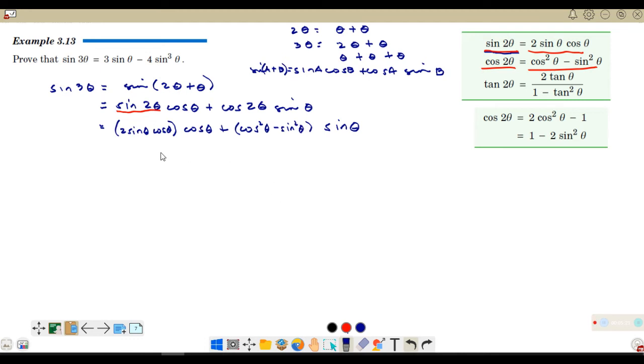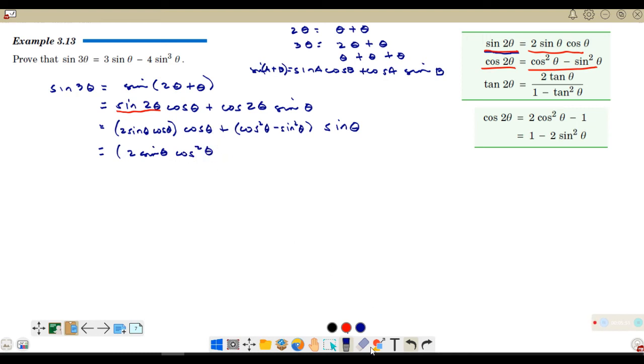What are we going to do next? So, next, we are going to distribute the ones na nandito sa labas. So, distribute natin sila. We have 2 sine theta. We have dalawang cosine theta. So, magkakaroon ka ng cosine squared theta.